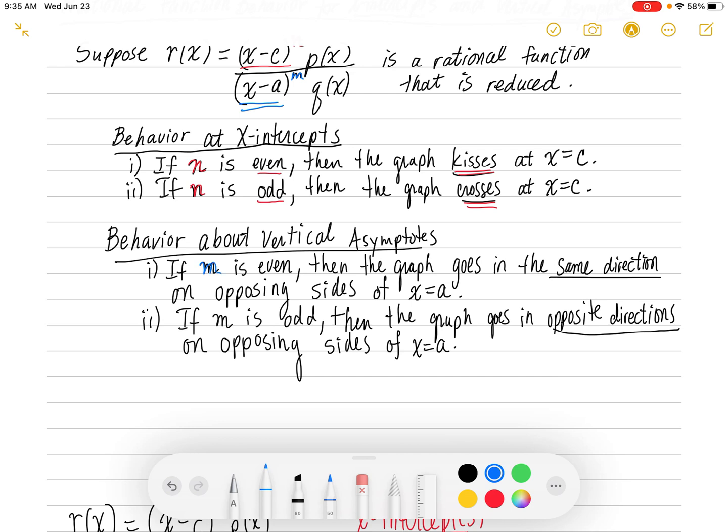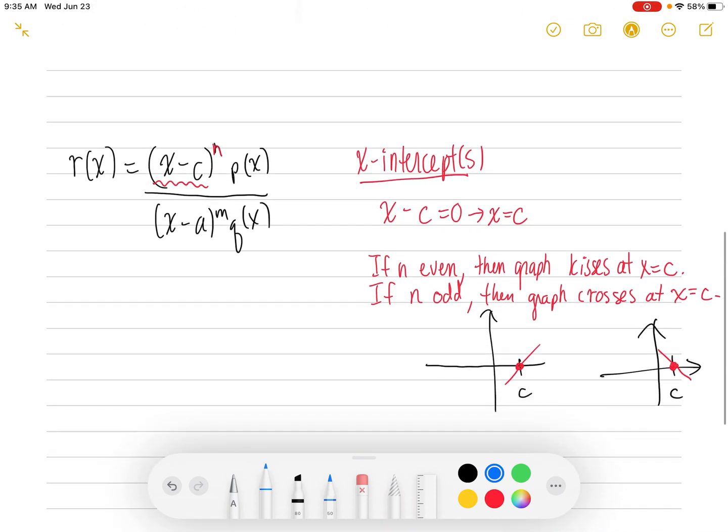When you look on the bottom, where you have the factor x minus a and a multiplicity of m, if m, the multiplicity of the bottom factor, is even, then the graph goes in the same direction on opposing sides of the vertical asymptote x equals a. And if the multiplicity of that bottom factor x minus a is odd, then the graph goes in opposite directions on opposing sides of the vertical asymptote x equals a.